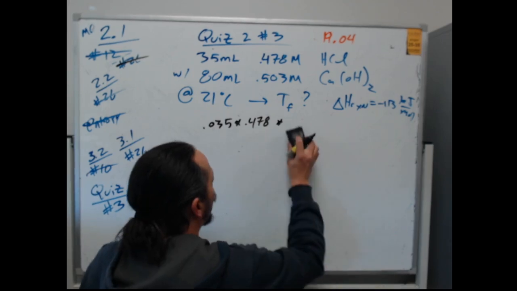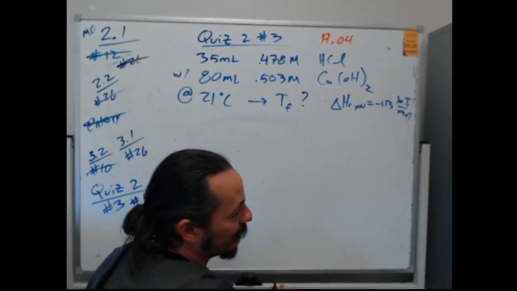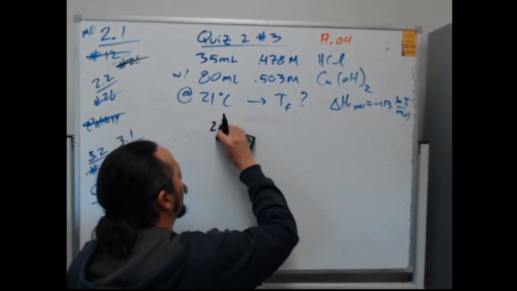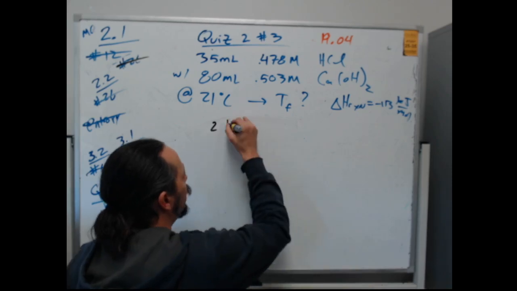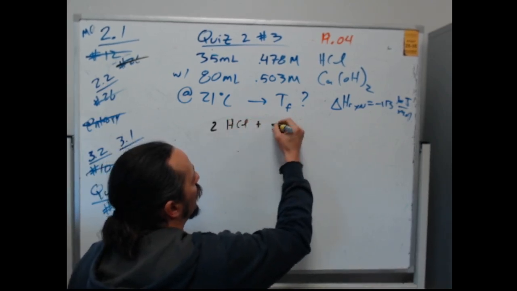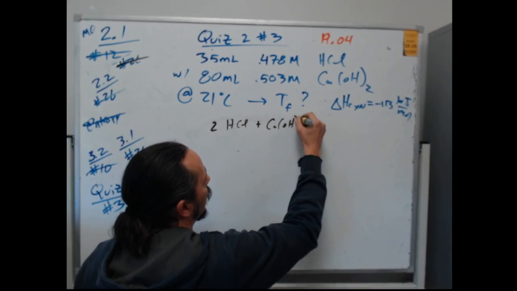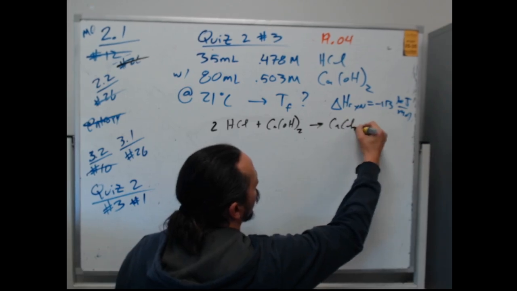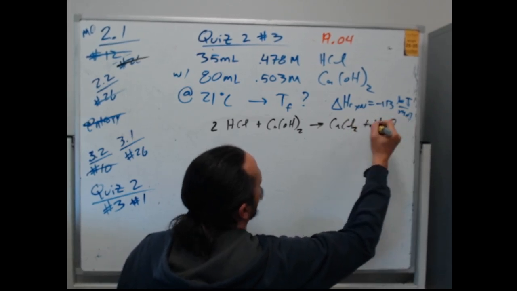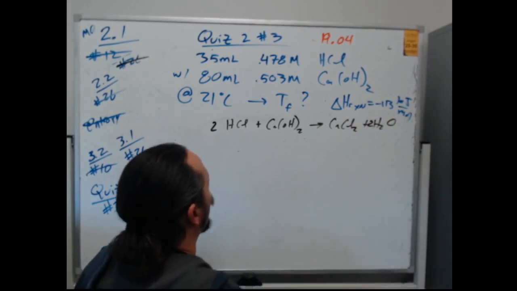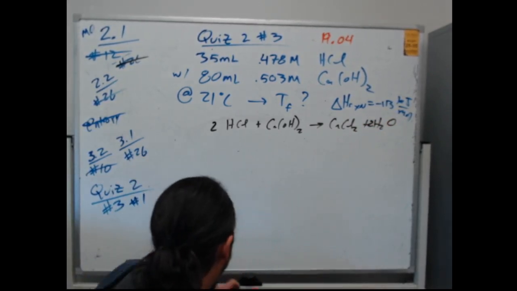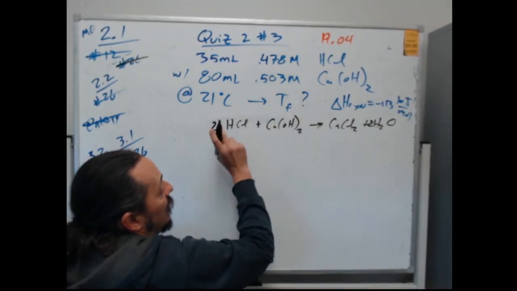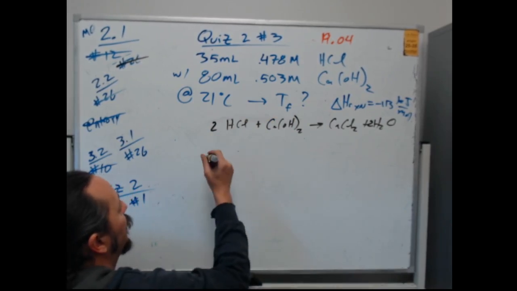So let's write down the balanced equation before I mess it up. 2 HCl plus calcium hydroxide goes to calcium chloride plus 2 H2O. I can tell by inspection, smaller number, need twice as much. I can tell my HCl is going to be limiting.